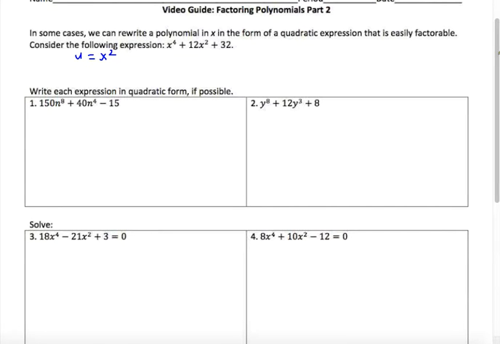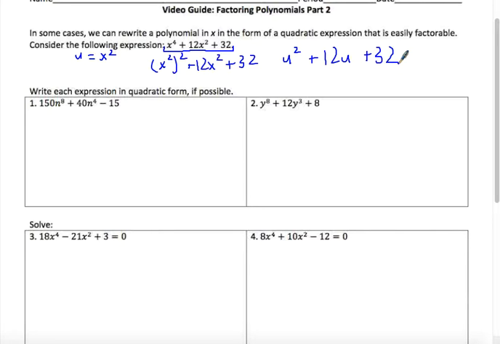So if I let u equal x squared, then I can rewrite this expression as, so x to the fourth is x squared squared, right? And then plus 12x squared plus 32. And then substituting u in place of x squared gives me u squared plus 12u plus 32, which is something that I can factor.